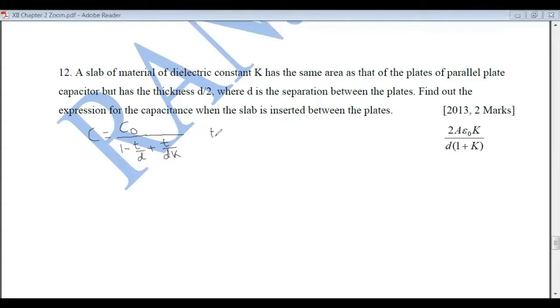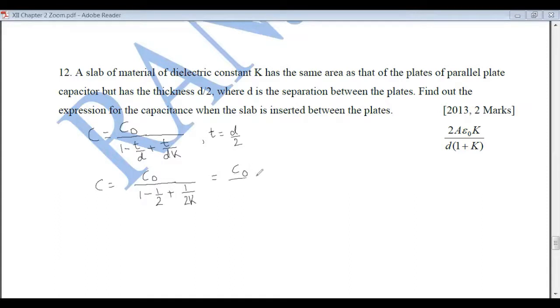Okay, now here it is given that T is equal to D by 2. The thickness of the slab is equal to D by 2. So substituting it here, we get C naught upon 1 minus T is D by 2, so 1 minus half plus 1 upon 2K, which is equal to 1 minus half is half.